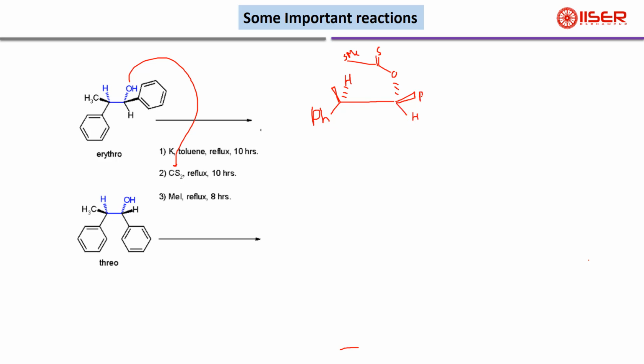So from here you can see this hydrogen and this ester are in the same plane, so it will undergo the syn elimination.